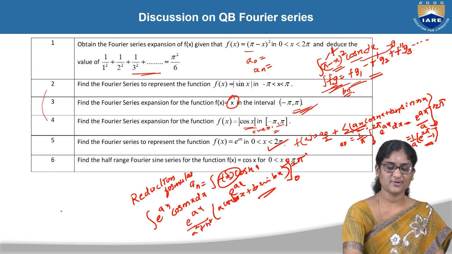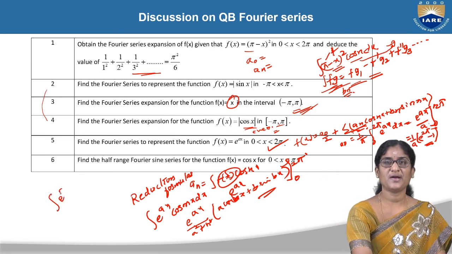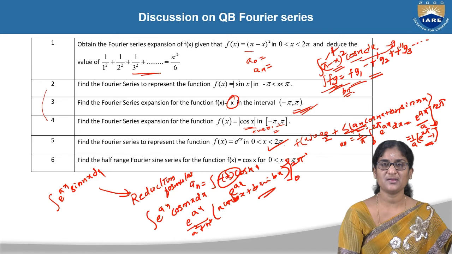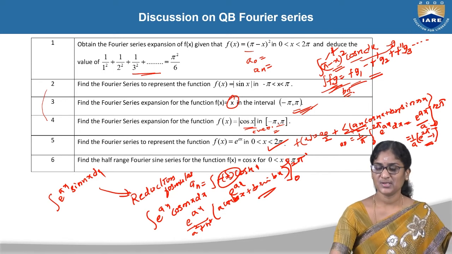Similarly for bn, we will get e power ax sin nx. Again, we use the reduction formula here. We use the same reduction formulas, two different types of formulas that we have already discussed in the previous sessions when we were referring to this Fourier series. So after solving this by reduction formula, apply the limits and substitute in the Fourier series.